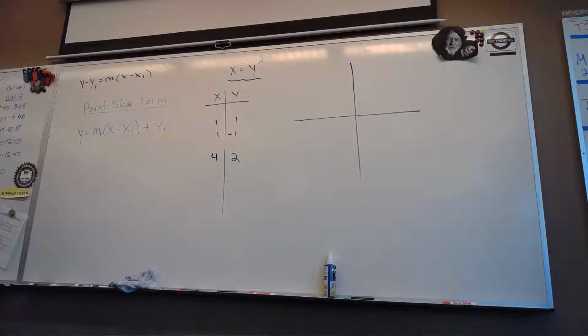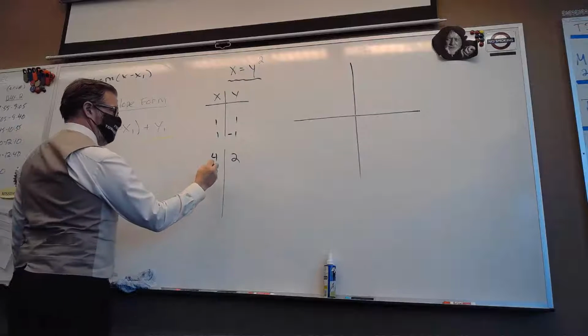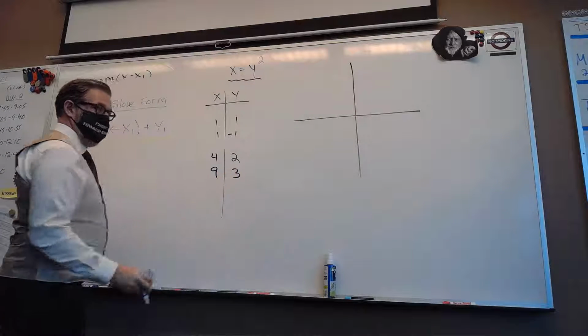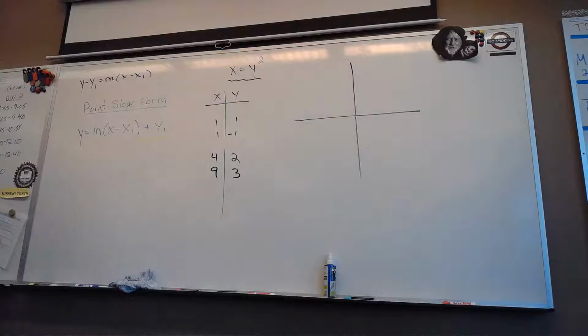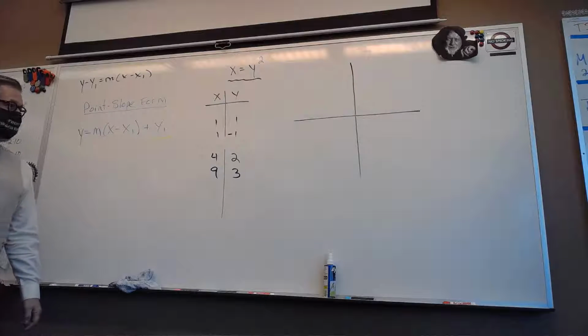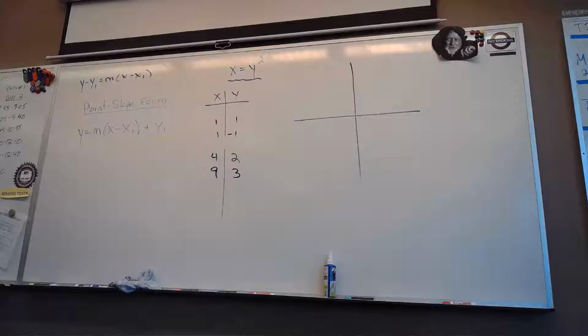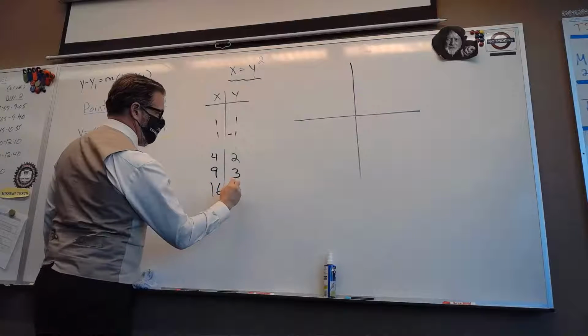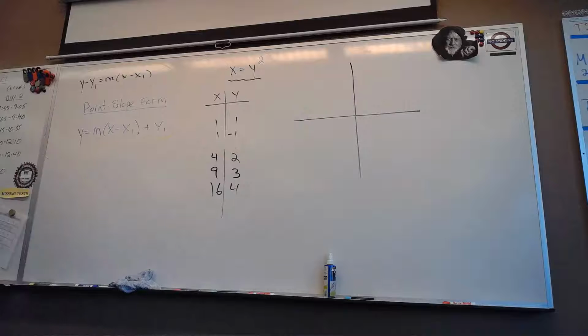Helen, 9, 3. Brooke, 16, 4. I'm bored. Okay. Don't go so big, because my graph, yeah, sure, why not? Yeah, 16, 4, but now my graph's getting out of control.